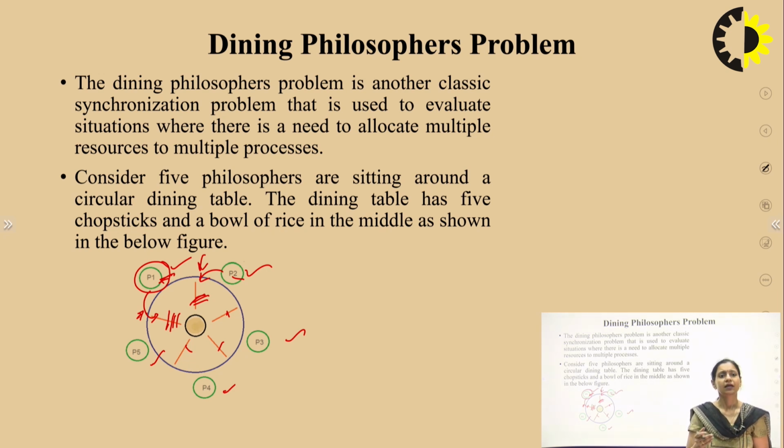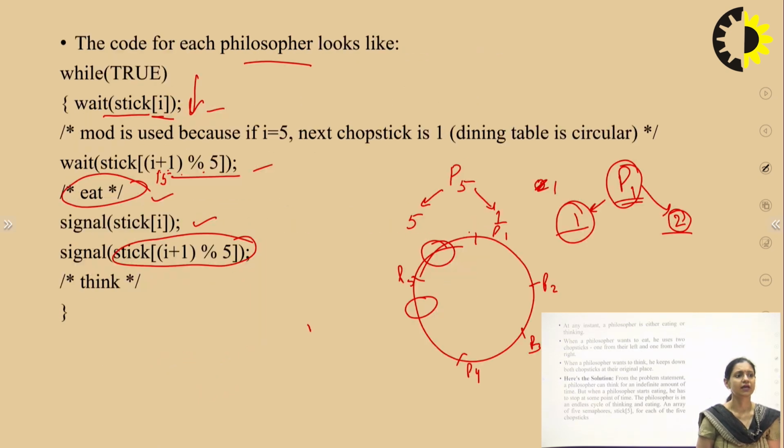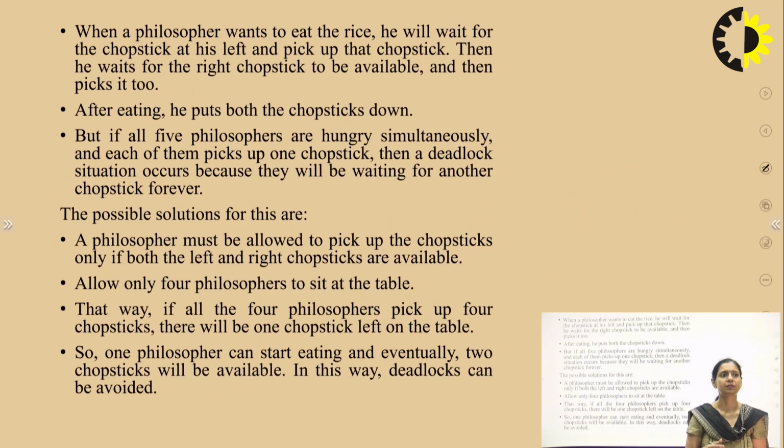That means here we have a situation where no process will be able to acquire both the chopsticks, and hence we have a possibility of deadlock. Deadlock is a situation where the processes are holding some of the resources but are waiting for other resources, which are already held by some other process. So no process is able to execute.